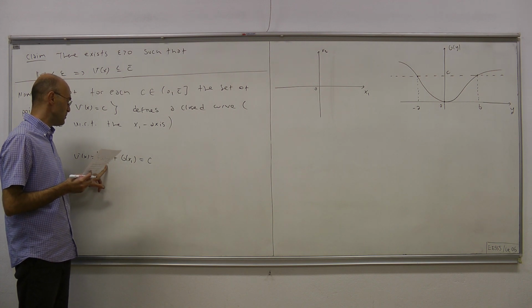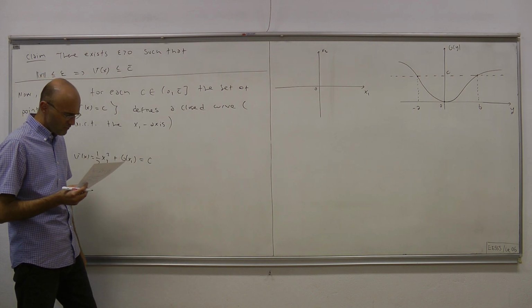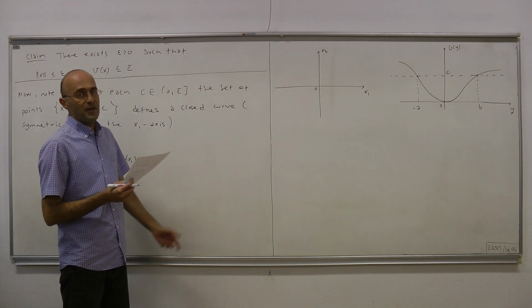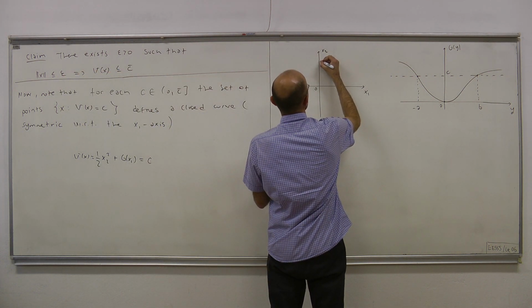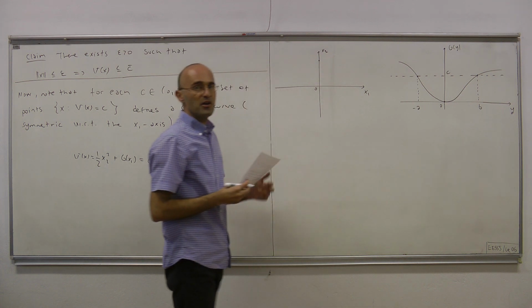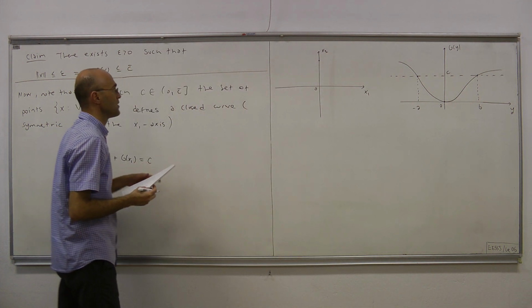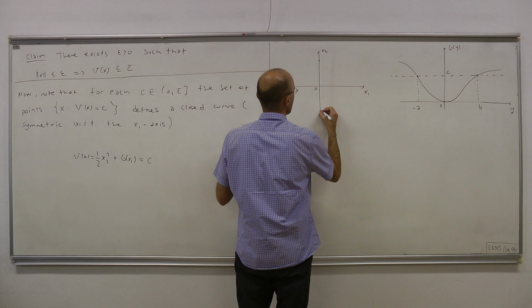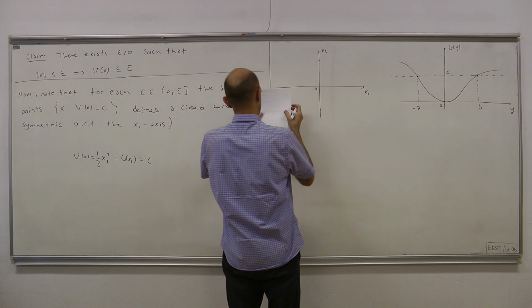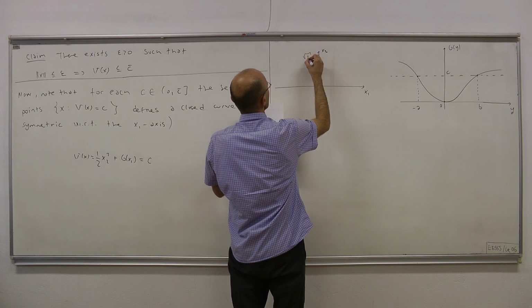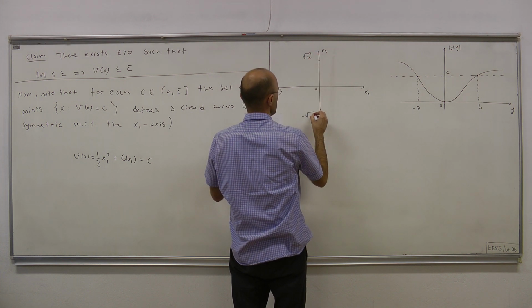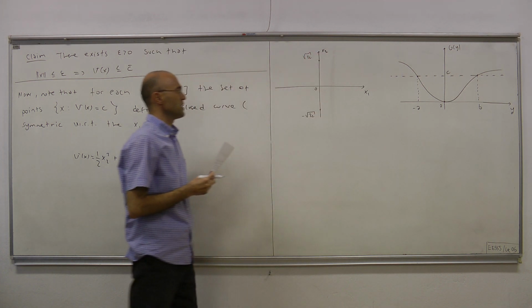Therefore x2 could be either square root of 2c or minus square root of 2c. So that means when x1 equals 0, this is a possible point that satisfies the equation, and this is the other possible point. So what we have here is square root of 2c, and here we have minus square root of 2c.